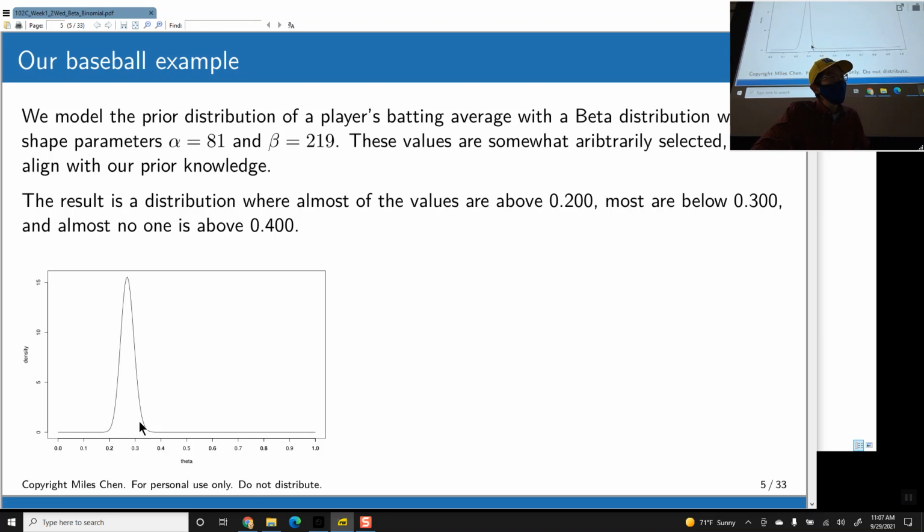But again, it is very, very difficult to have a batting average significantly above 0.3, okay? Again, the highest career batting average ever in the history of baseball is 0.366, something around there, okay?